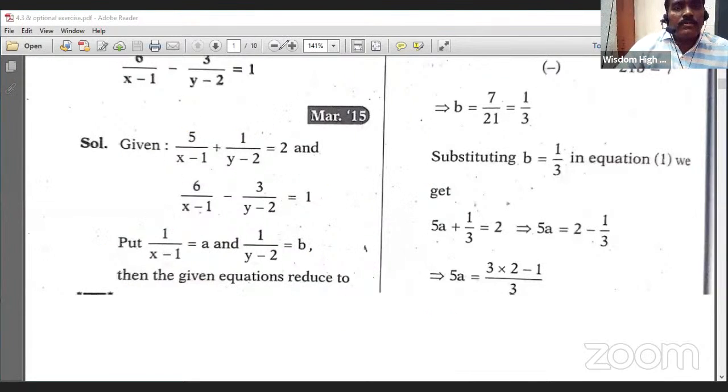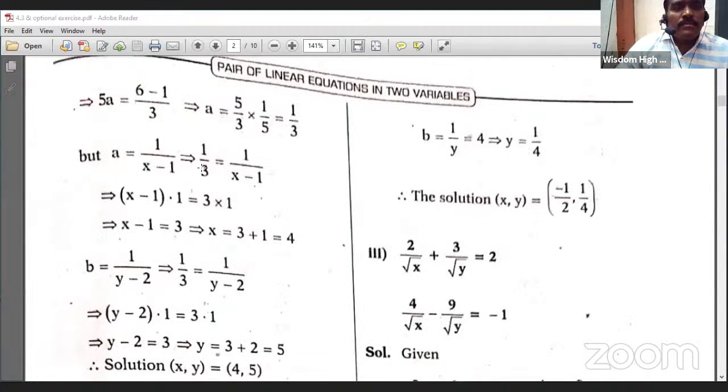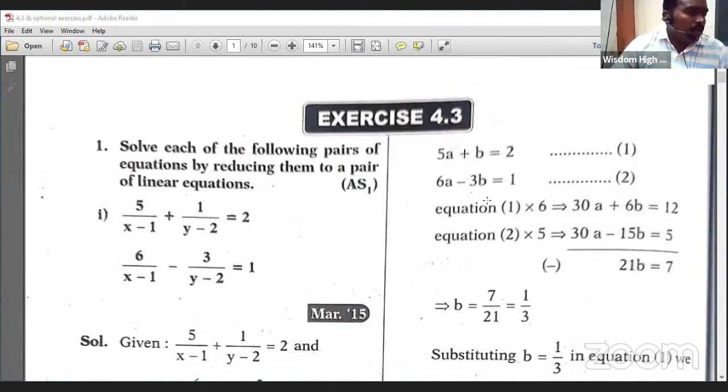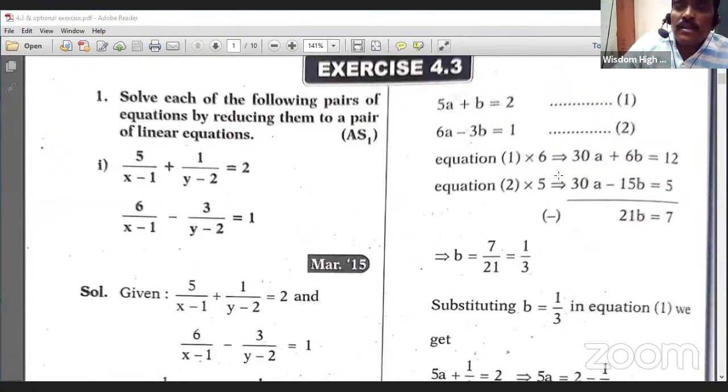Okay. Just observe here. See, students, this is the problem. Here we got 5a plus b is equal to 2, 6a minus 3b is equal to 1. These are two equations. Now we are multiplying equation 1 by 6, equation 2 by 5.